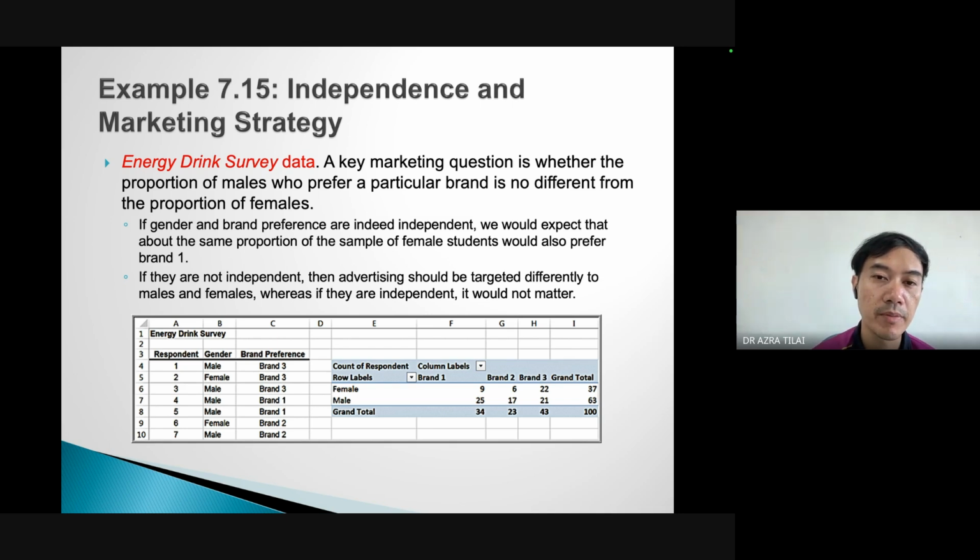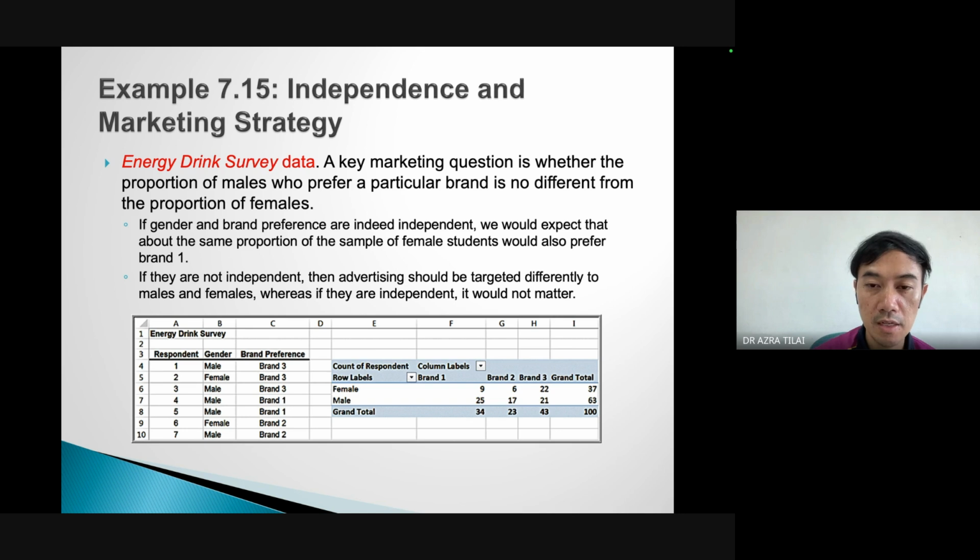If gender and brand preference are indeed independent, meaning that they don't have a relationship with each other, we would expect that about the same proportion of the sample of female students would also prefer brand one. Meaning that the same number between male and female also prefer the first brand.